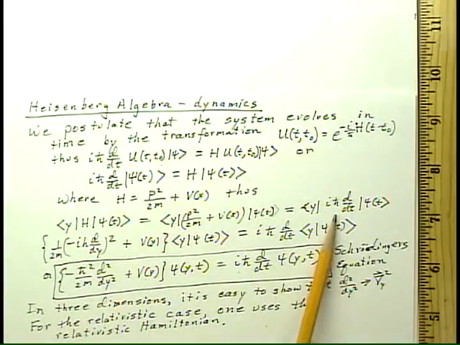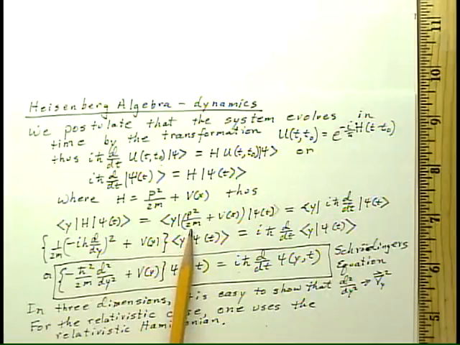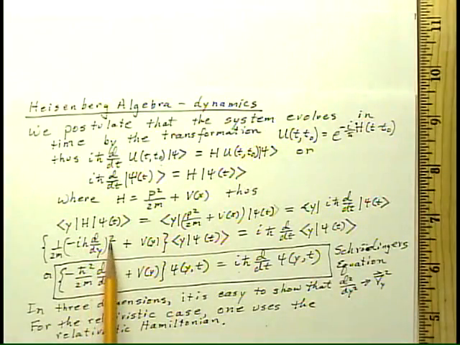Specifically, we can take the 2m and let it pass outside of the <y| vector. P becomes minus i h bar d/dy, and therefore we square it because the p is squared, moved out of the system.